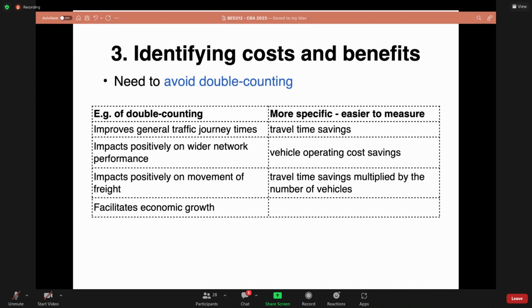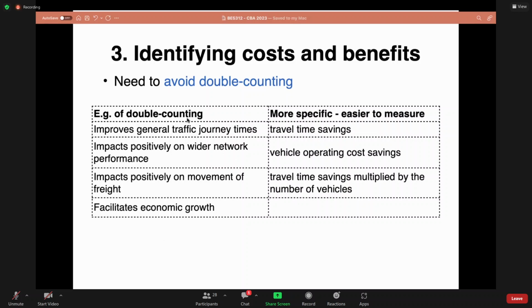When we are identifying costs and benefits, we have to take care to avoid double counting. That means the same cost or benefit identified under two different places.